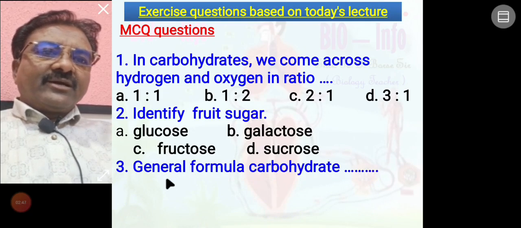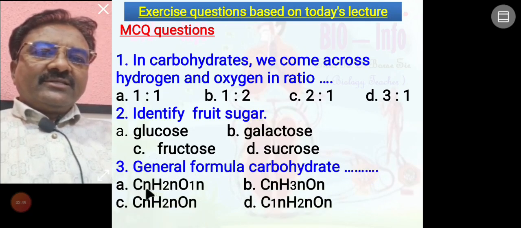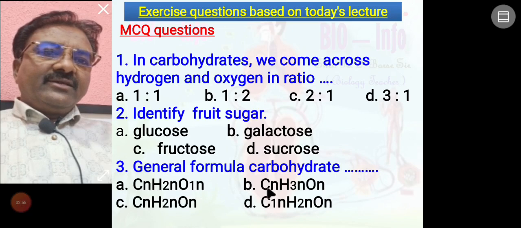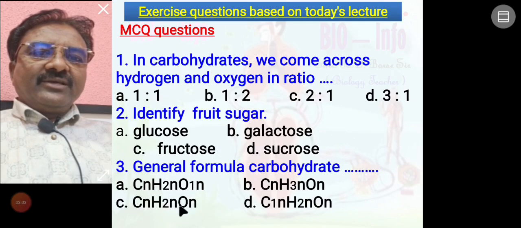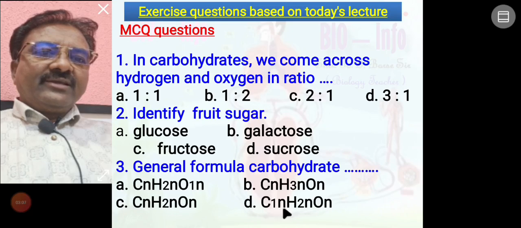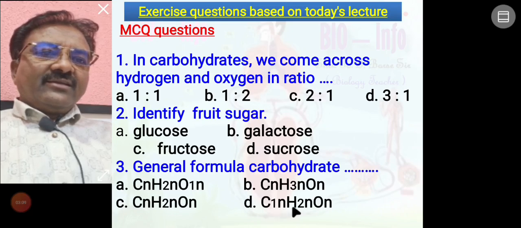General formula of carbohydrate: CnH2nO1n, CnH3nOn, CnH2nOn and C1nH2nOn.